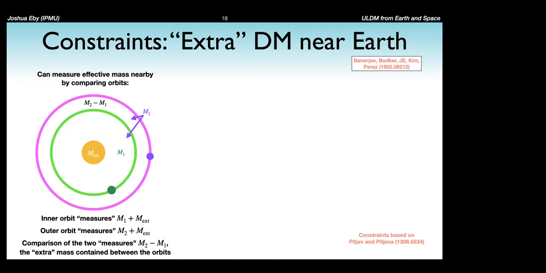But you can very strictly constrain the mass between two orbits because there's no additional sun to roll that mass into. So the precise thing you can do is compare two orbits, and in the inner orbit, make sure that you don't violate the constraint that the sun has to be the sun.